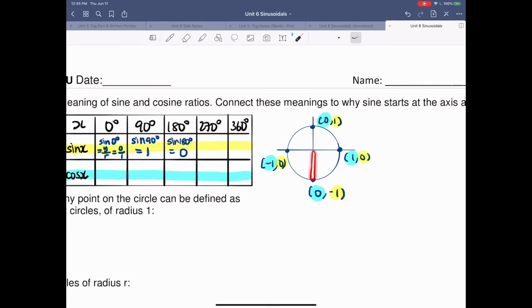Sine 270 is right there. I'm looking at the y value. Y value is negative 1. So sine 270 is negative 1. Sine 360, we're back here. So you're going to get 0 as your answer because our y value is 0 there.